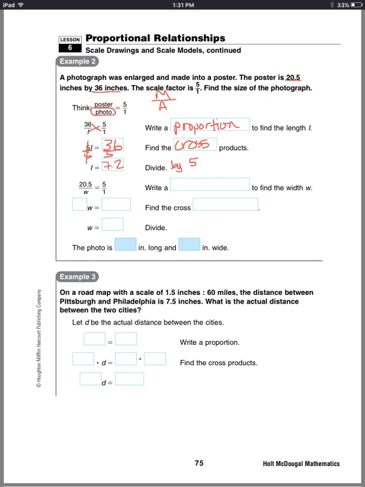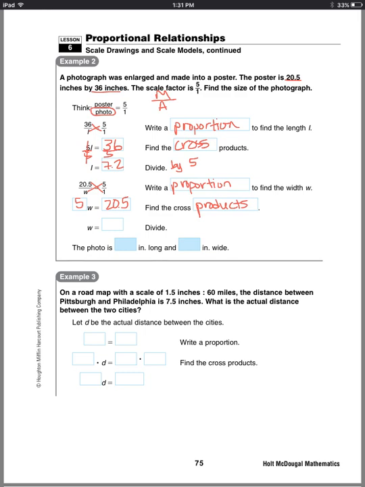Okay, now we're going to write a proportion to find the width. So they have 20.5 over W. We're going to find the cross products. We multiply 5W, and then 20.5 times 1 is 20.5.